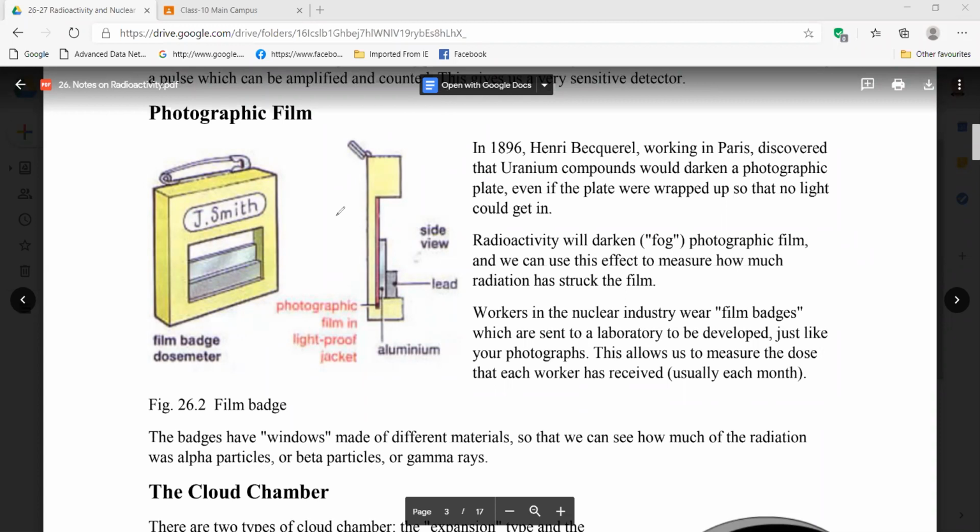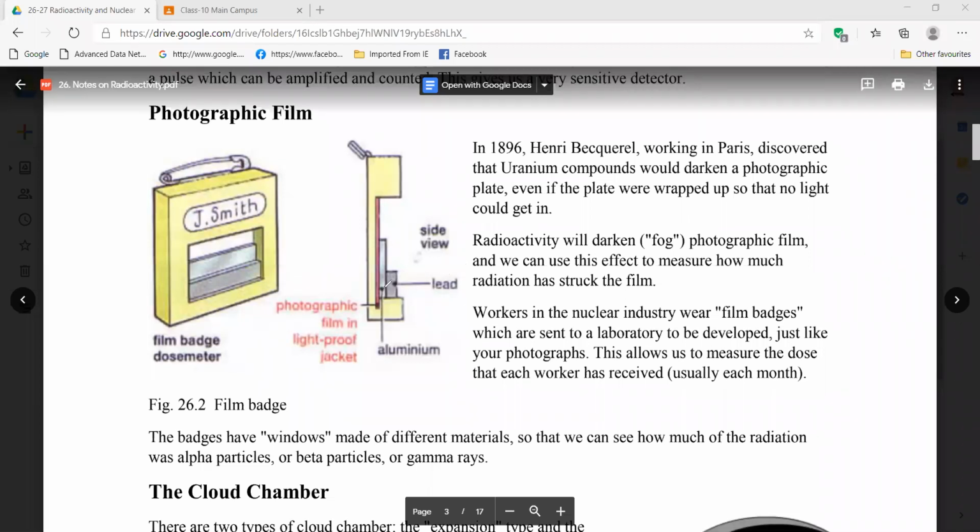Now look here. Here is the film badge dose meter, and this one is the cross-sectional view, or bisection, shown here, right? Sideways. You see here we have lead. Can you see here?